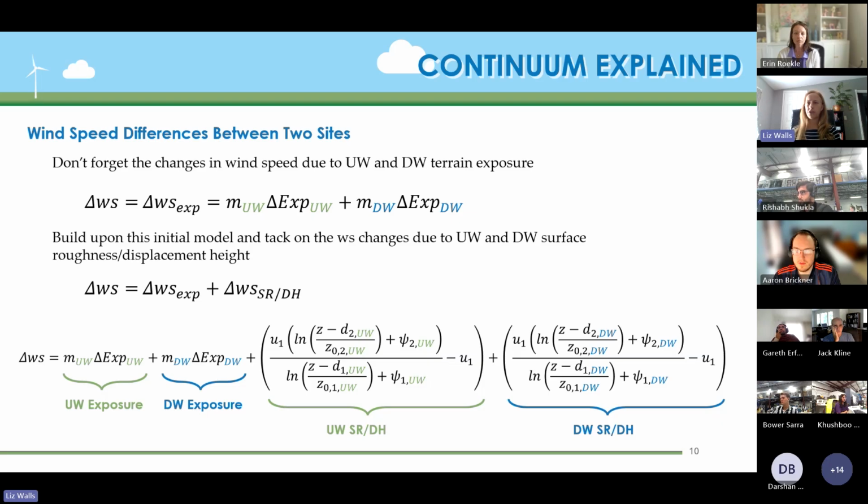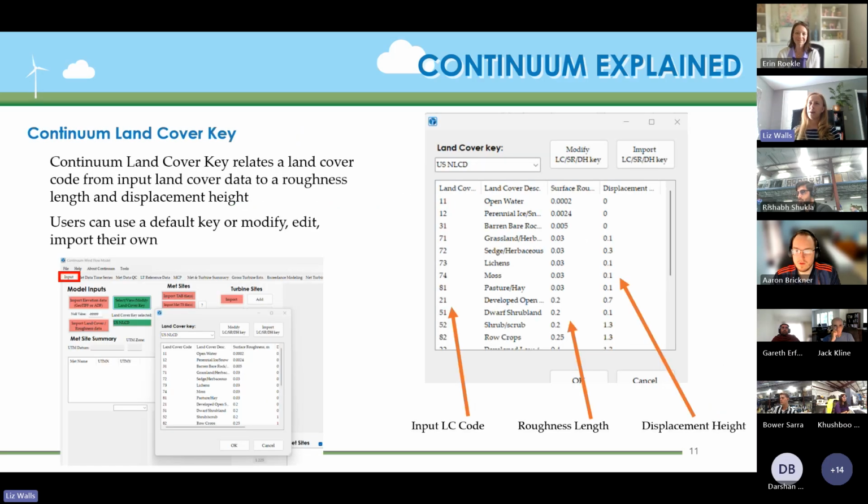So the terrain exposure is how much does the terrain vary between the 2 sites. And now we've also added in these terms to account for changes in the roughness, displacement height in both the upwind and downwind direction. So that is the continuum model up to this point. A couple more terms to go, as I said, but we're getting there. We almost have the whole model defined.